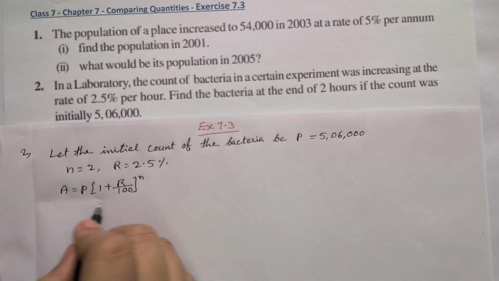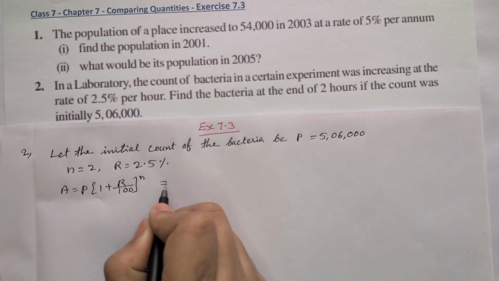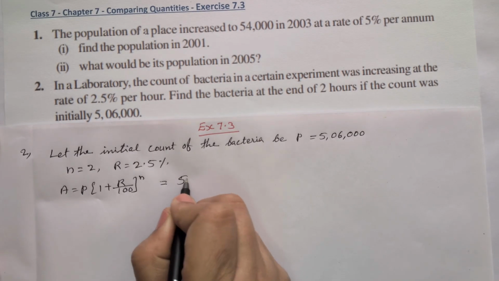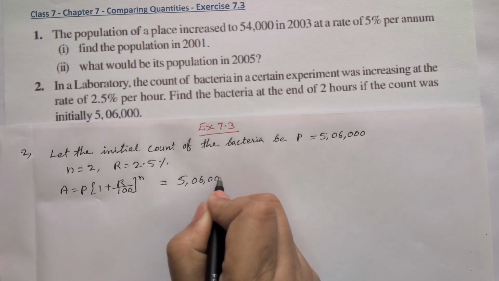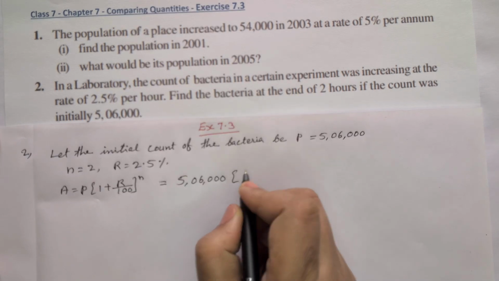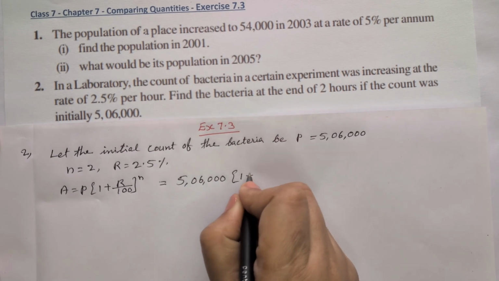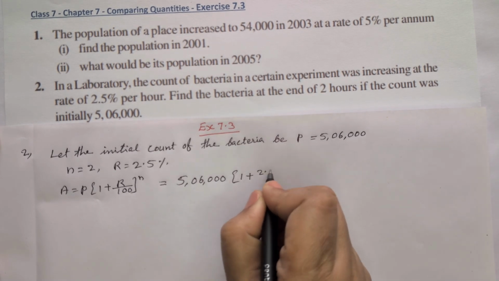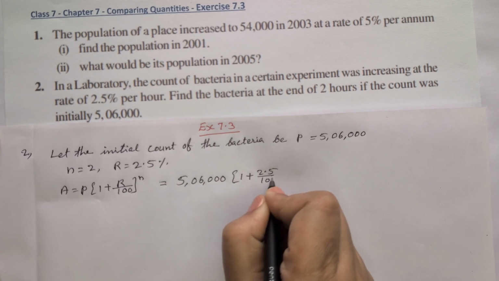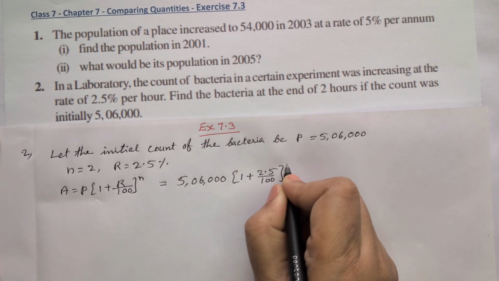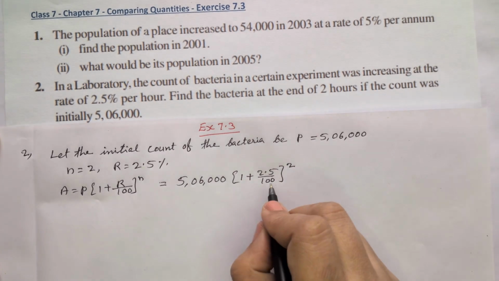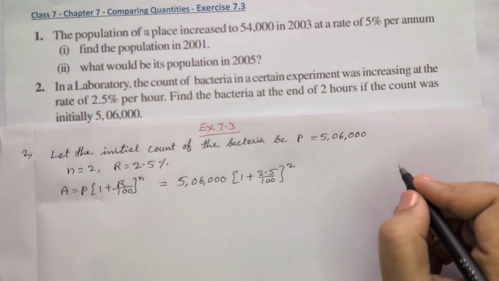A is equal to P, 5,06,000 into, in bracket, 1 plus R is 2.5 by 100, raised to N is 2.